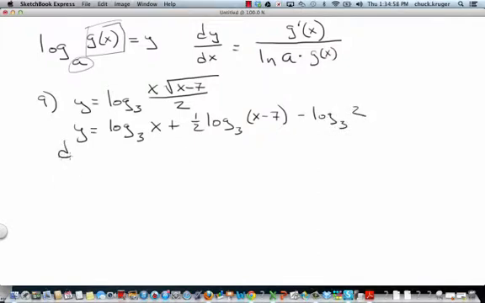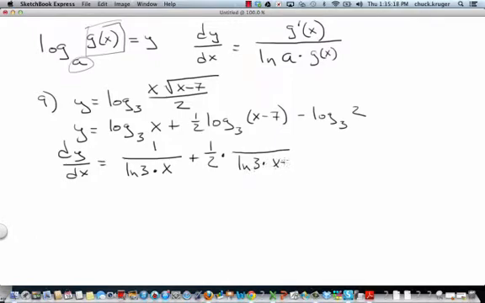So when I take the derivative over here, I have dy/dx is equal to the natural log of 3 times x times its derivative, which is 1, plus 1/2 times the natural log of 3 times x minus 7 times its derivative, which is 1. The derivative of x minus 7 is 1.